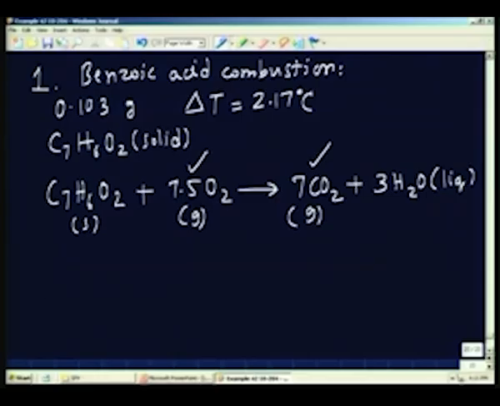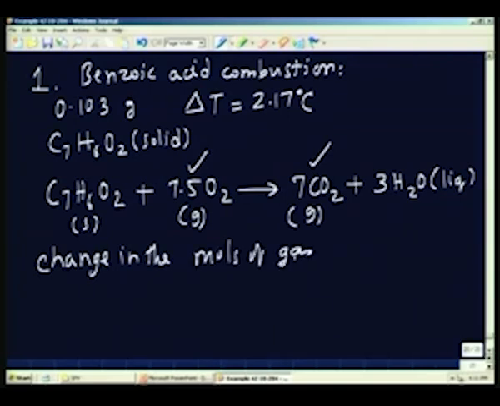Therefore, there is a change in the moles of the gas. Because of this, some amount of energy or heat is required, and we will have to take that into account. So, delta n, the change in the number of moles, is 7 minus 7.5, that is minus 0.5 mole.